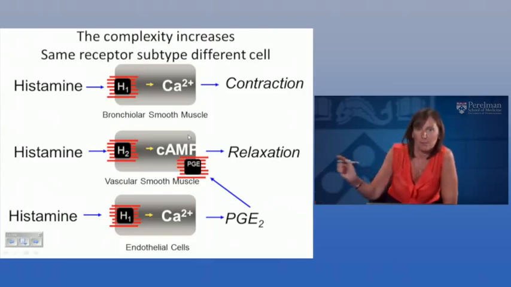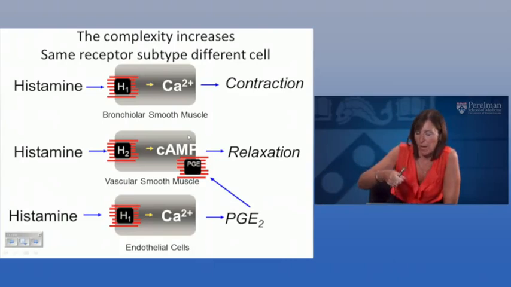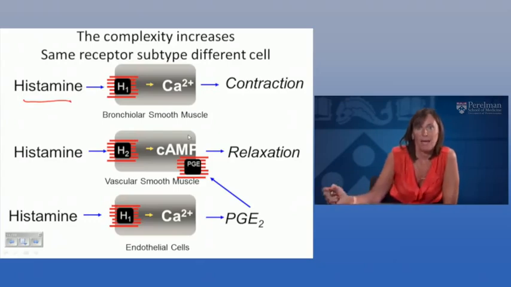Now this is incredibly important because you have the one ligand here, histamine, binding to two different receptor subtypes, H1 and H2, on three different types of cells, bronchiolar smooth muscle cells, vascular smooth muscle cells, and endothelial cells, recognizing that endothelial cells can be found on vascular smooth muscle cells and bronchiolar smooth muscle cells.